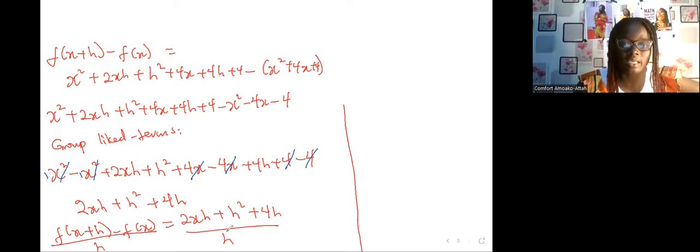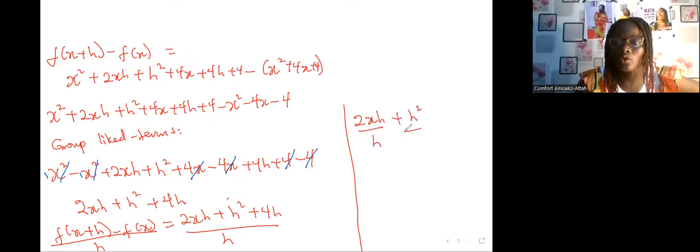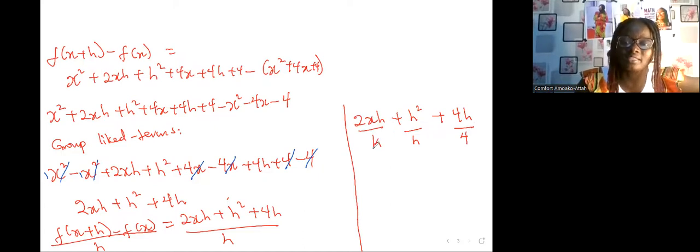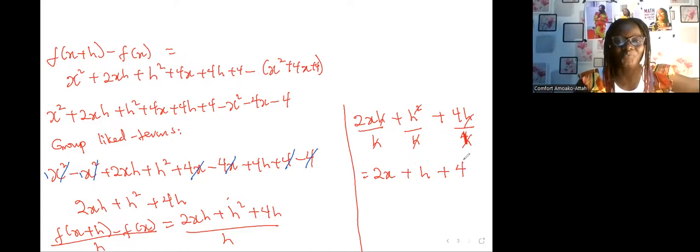This means also that each term here is being divided by this h. So breaking it down, 2xh over h plus h squared over h plus 4h over h. So simple. Then simplifying, this h will cancel out. This h will cancel one of the h's over here. And this h will also cancel this h here. We are having 2x plus h plus 4.